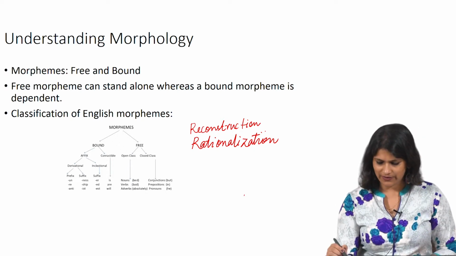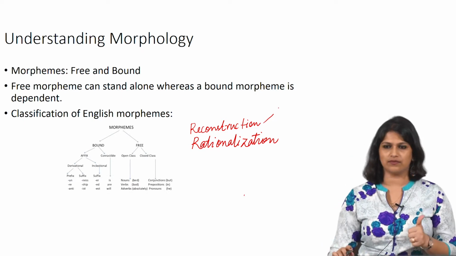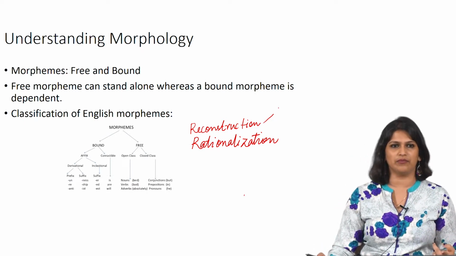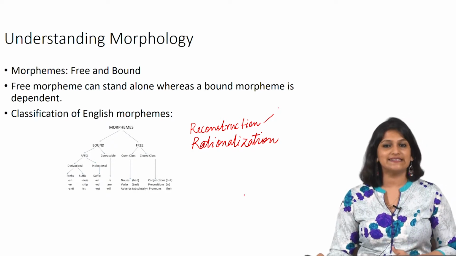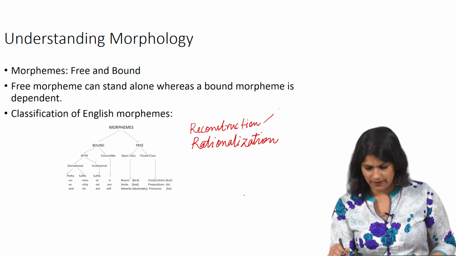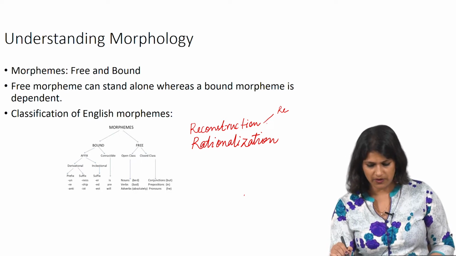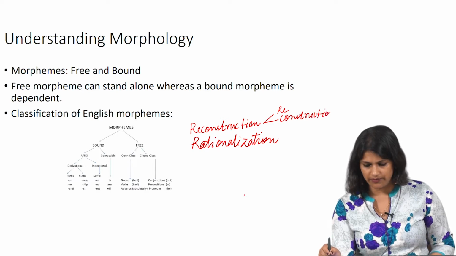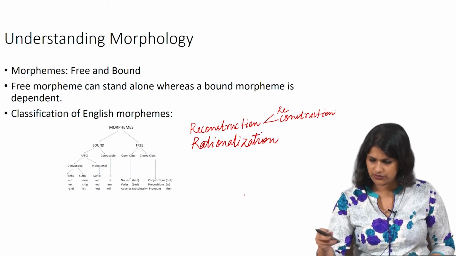So, let us try reconstruction. Try to recall what was the definition of a morpheme. A morpheme was a minimal, meaningful and distinctive unit. So, we have to find out what are the minimal units here. My suggestion would be there is a morpheme called re, then we will have construct.